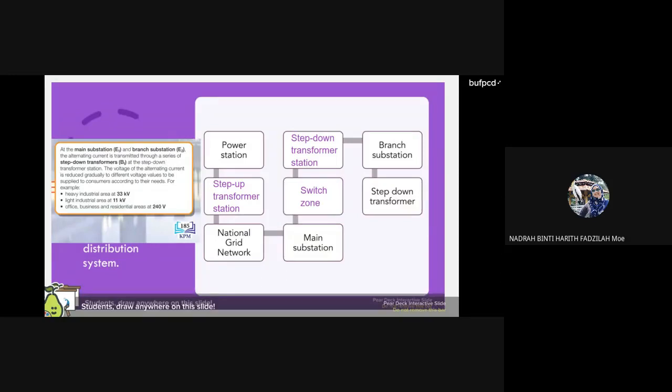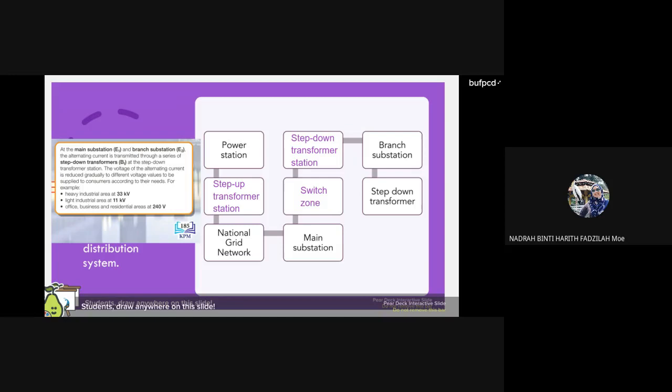I would like to point out this statement from page 185 in your textbook, which states that in both the main substation and the branch substation, the alternating current is transmitted through a series of step down transformers.